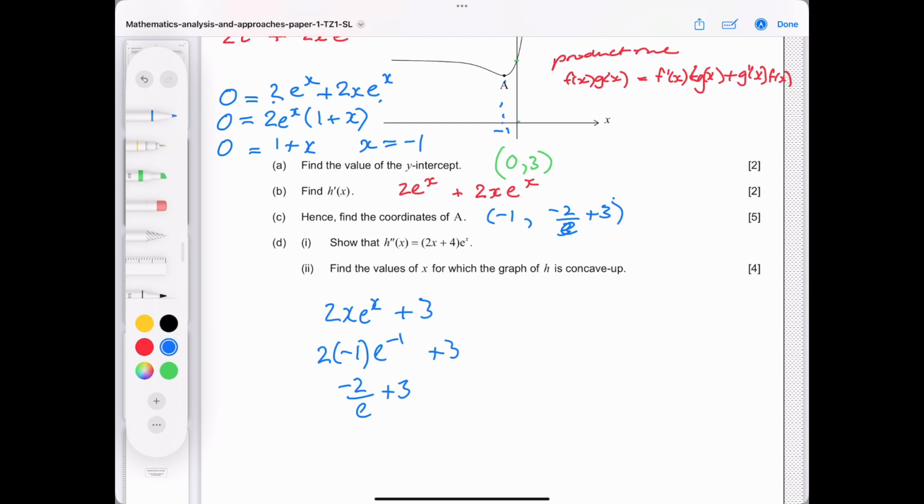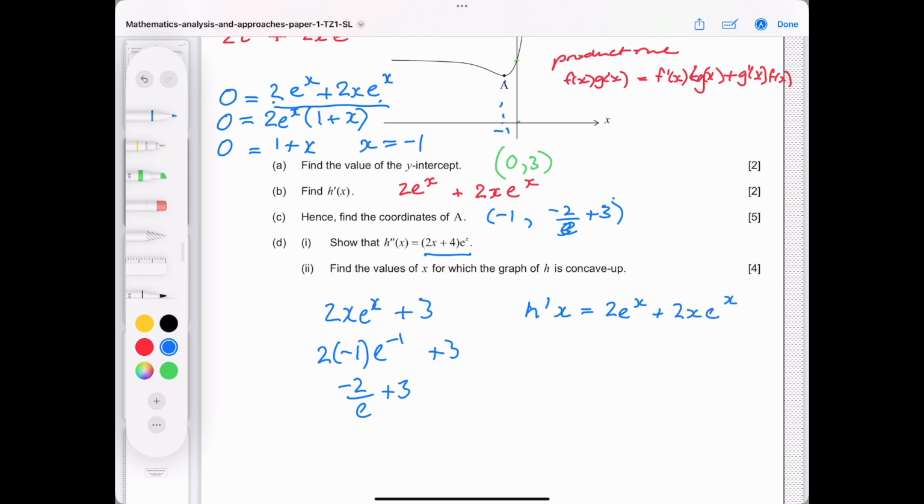Right, now we've got to show that h derived twice equals this. We've already got this one here. This is our second derivative. So now our second derivative equals 2e to the x plus 2x e to the x.